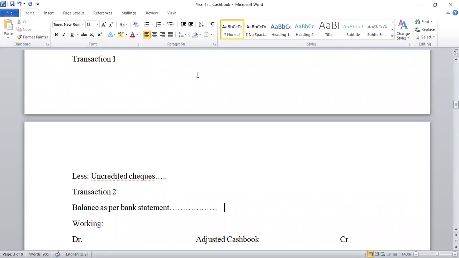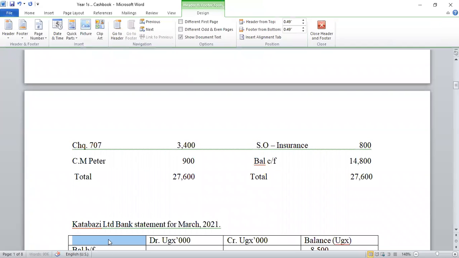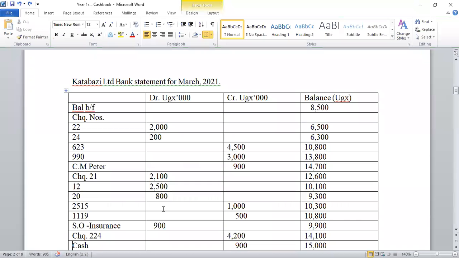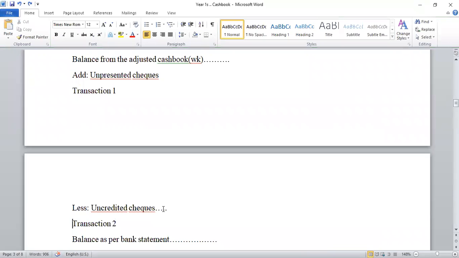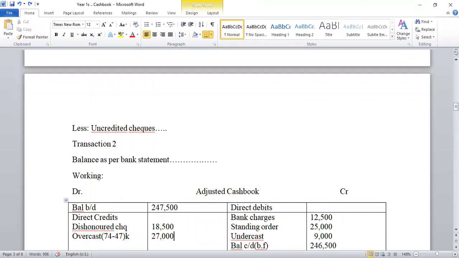Okay, so I'm looking at opening balances, like I've already told you. So we have a 9 as far as the cash book is concerned. Where is my work? Okay, these ones are not all there.